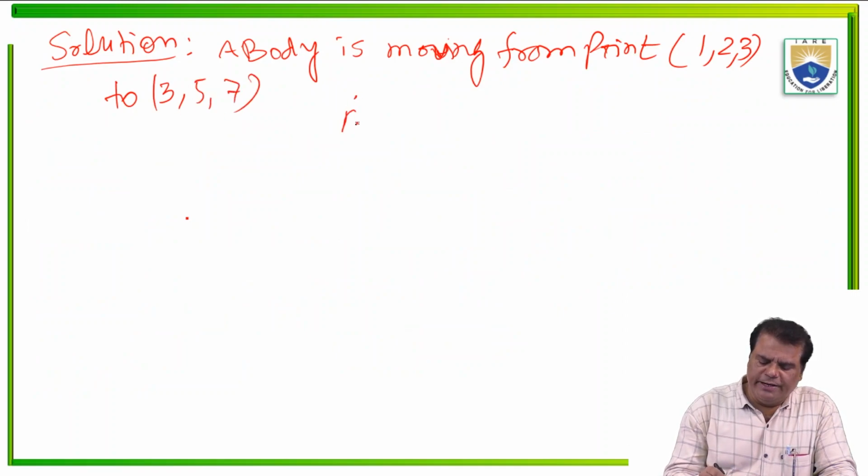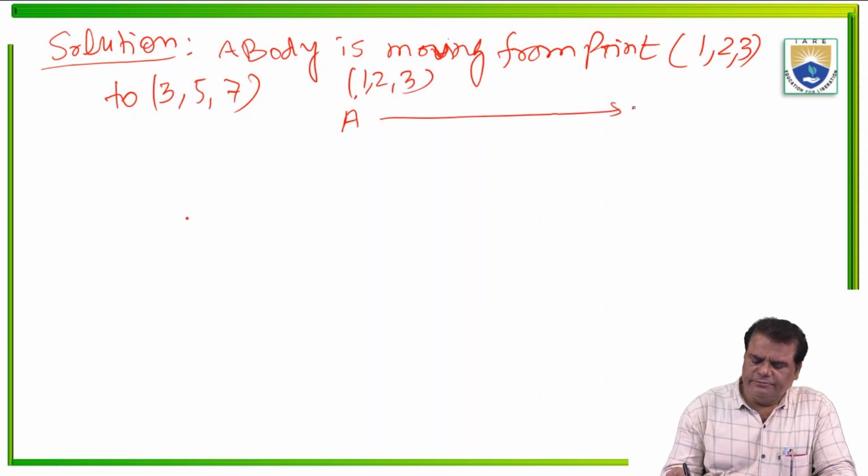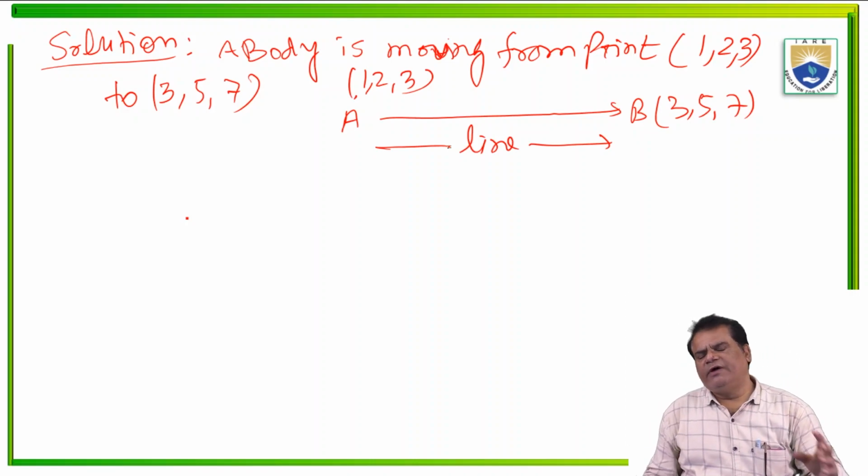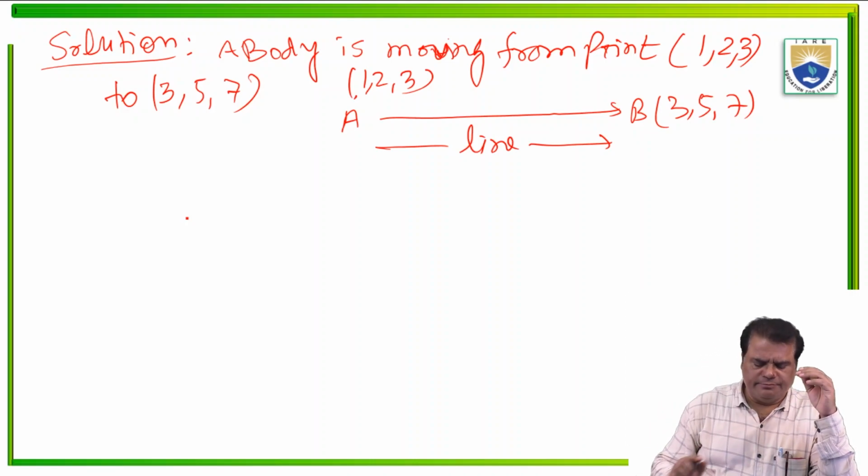Suppose this is point A, 1, 2, 3, and this is point B, 3, 5, 7. So this is a line. Okay, so we want to find out the equation of the line.